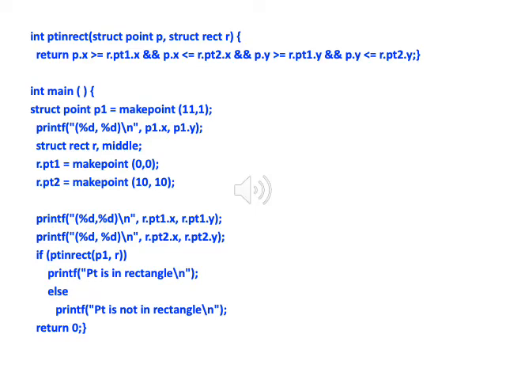And as far as the arguments are concerned, one of the arguments is a point P and the other argument is a rectangle R. So here the interesting thing to see is both of the arguments are structure variables, but they are variables of different structures. So that is definitely allowed.